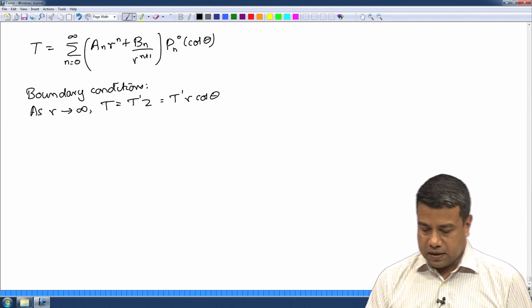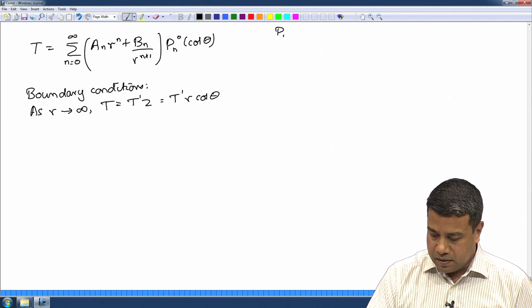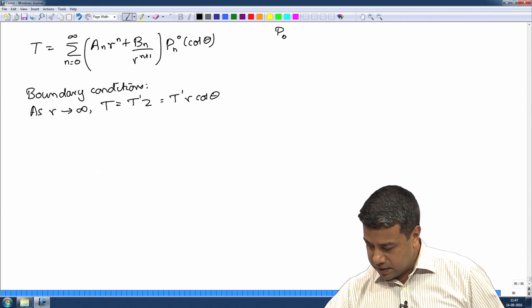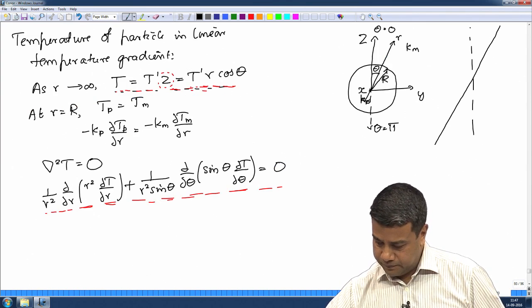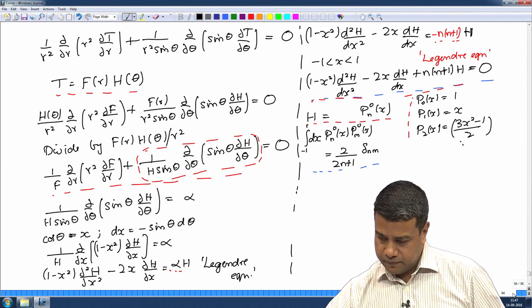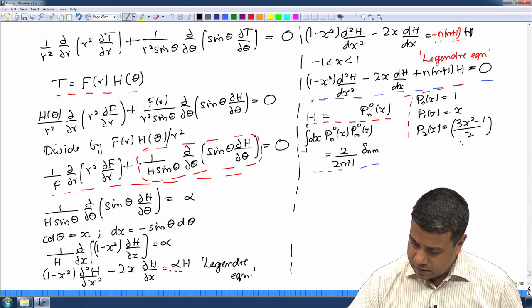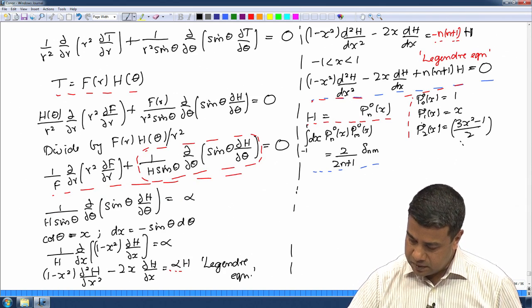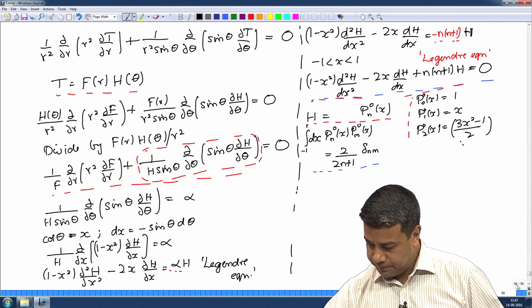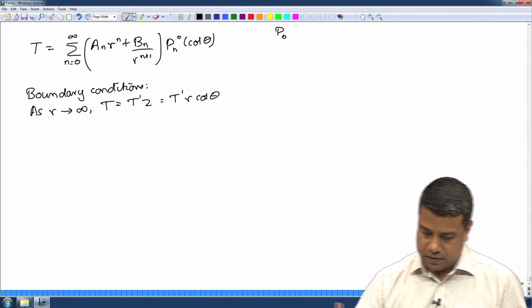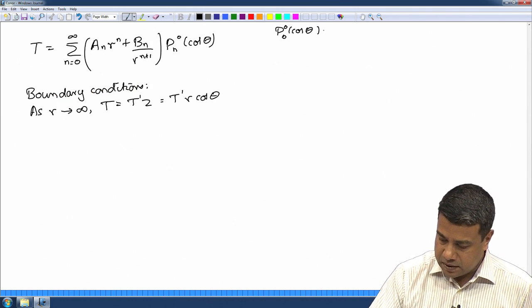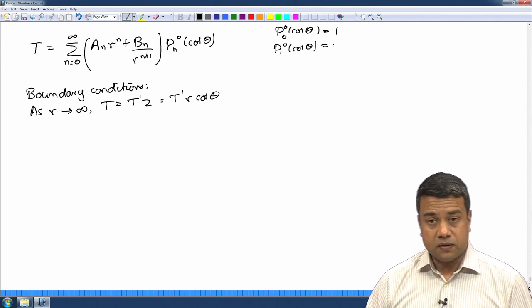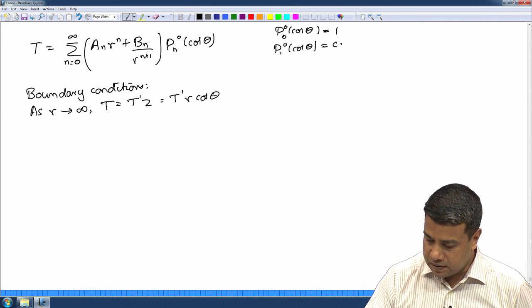I should make a slight correction here. I should write this as P00, P10 and P20 in this case. I told you that P00 of cos theta is equal to 1, P10 of x was x itself, so P10 of cos theta was cos theta.